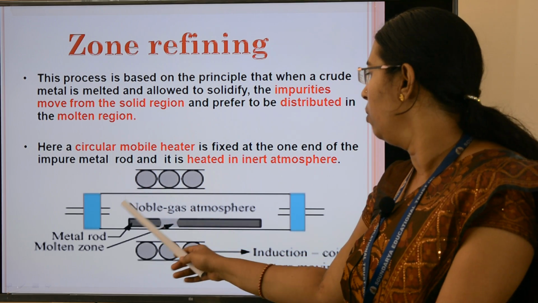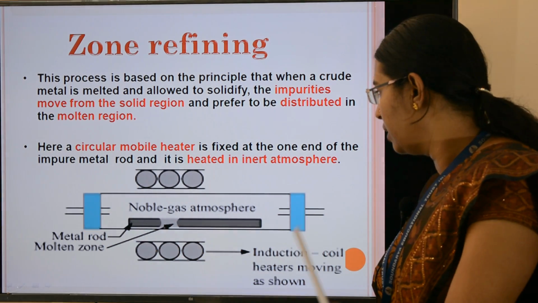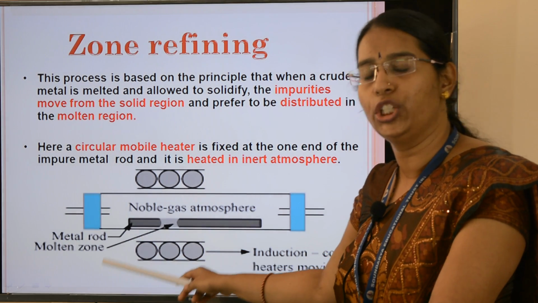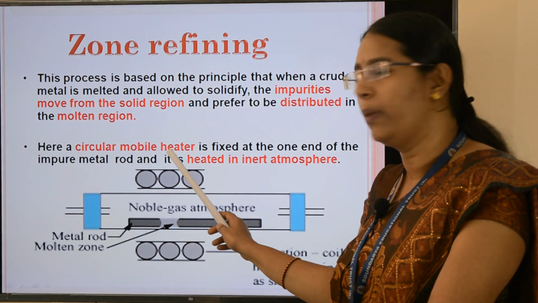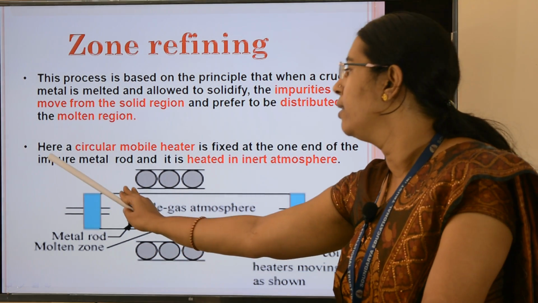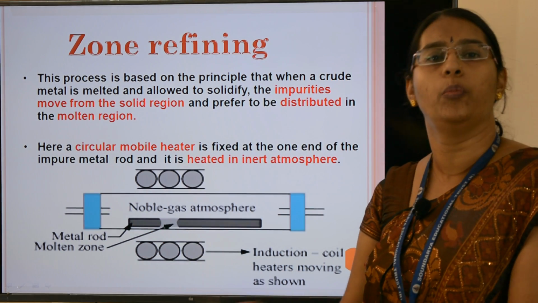So the impure metal rod is covered by an induction coil or circular mobile heater, fixed to one end and heated in an inert atmosphere.